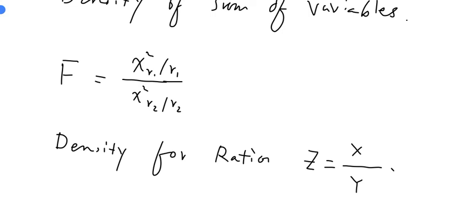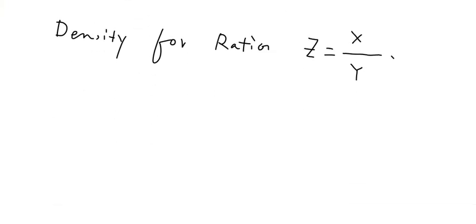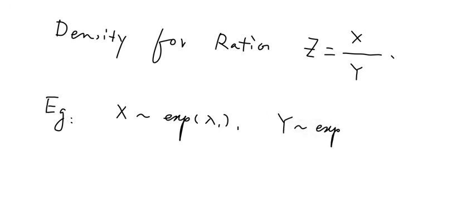We don't want to go into those details, but we can check a very simple situation. Suppose x follows an exponential distribution with parameter lambda 1, and y also follows an exponential distribution with parameter lambda 2.